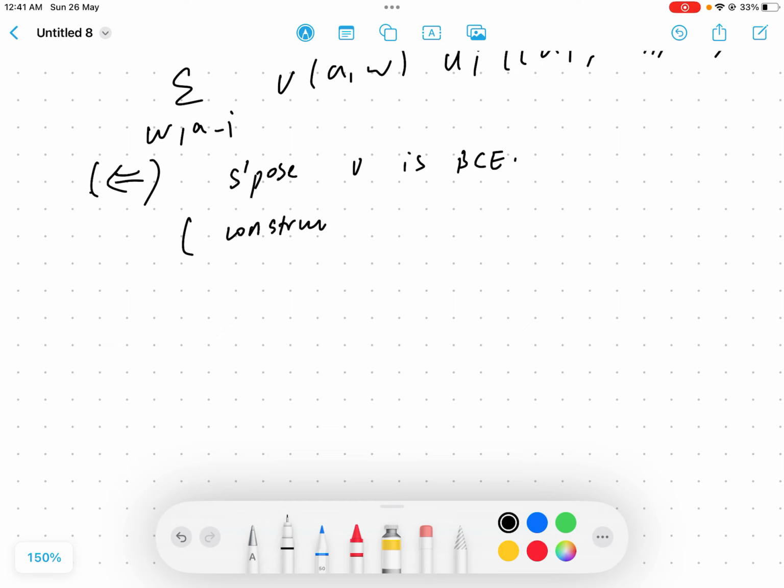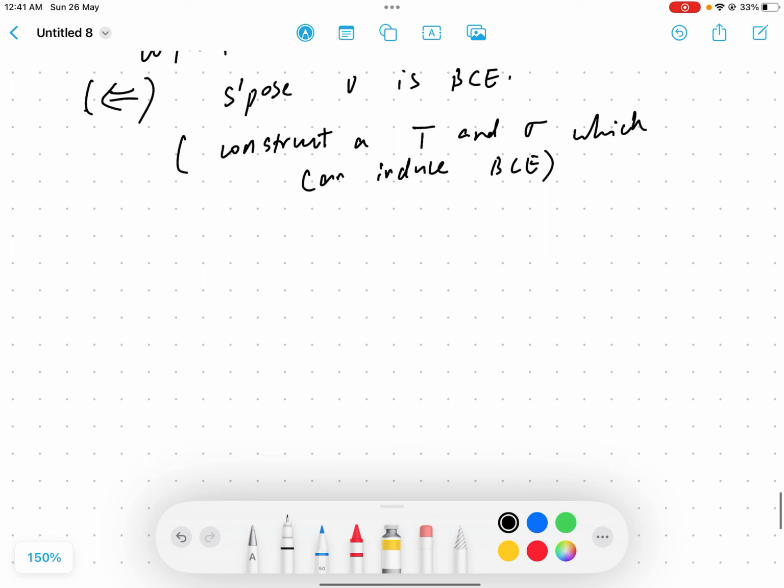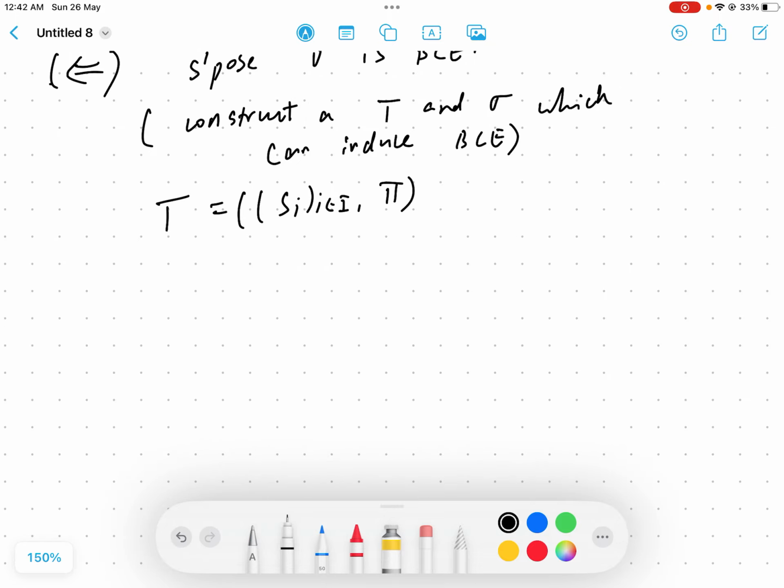Construct a T and sigma which can induce a BCE. So that's our task here, or what we are going to do. So let's construct a T. This T includes the SIs and the pi, right? So this T, we just let it be an action recommendation.